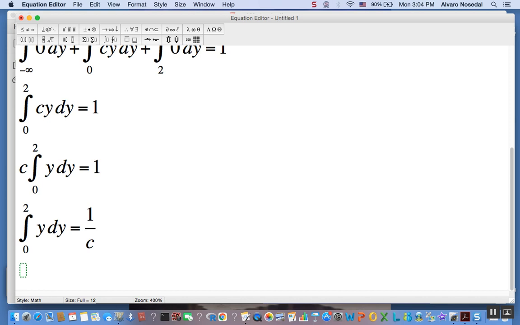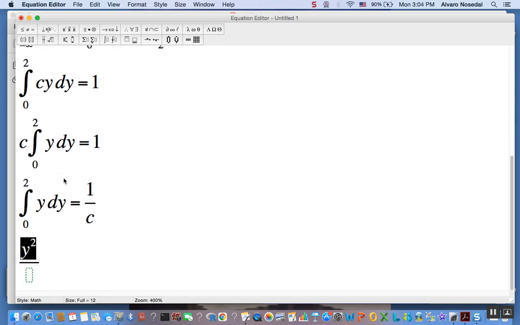So let's find it. This one is really easy. We know that the integral of y dy will be just y squared divided by 2, and then we have to evaluate that at 2 and 0. You guys agree? And that will be equal to 1 over c.